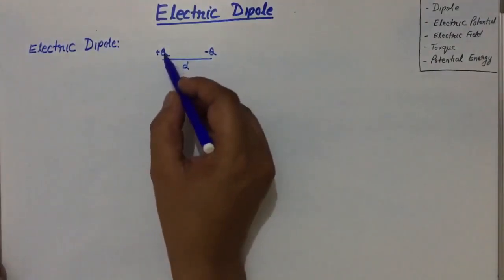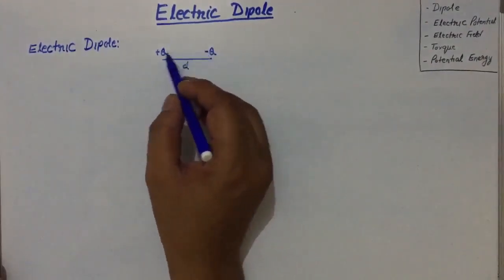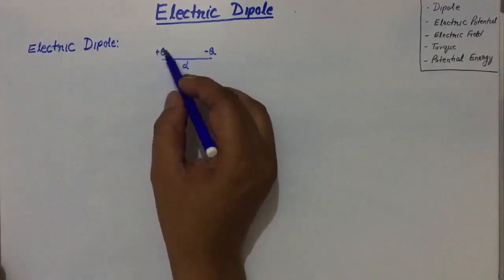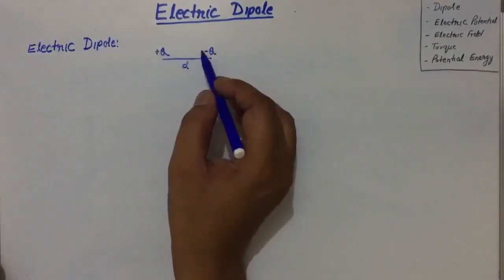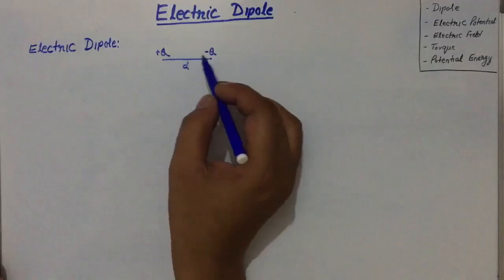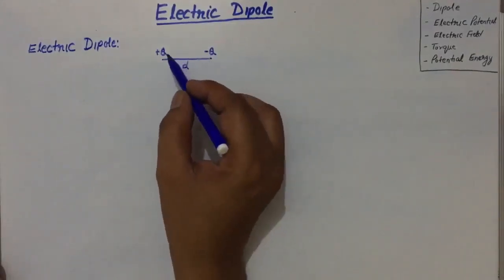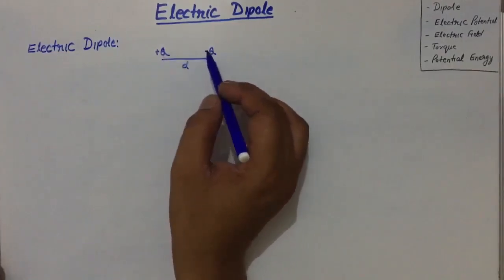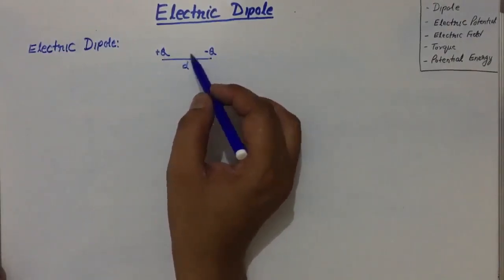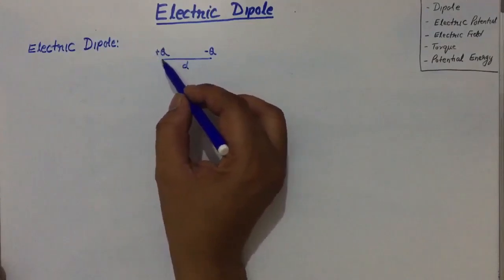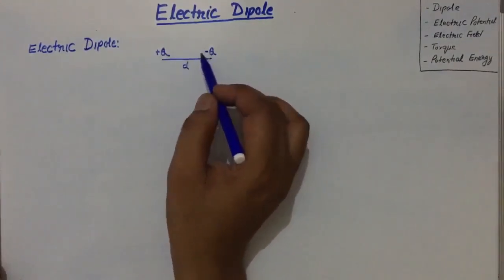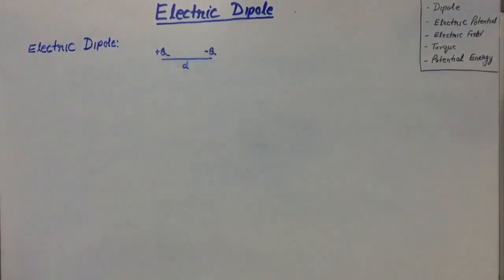The charges must be equal and the polarity of these charges should be opposite, and the distance between these two should be small, so that these two charges are not free from each other, they are bound charges. If this condition is fulfilled, then they are known as an electric dipole.